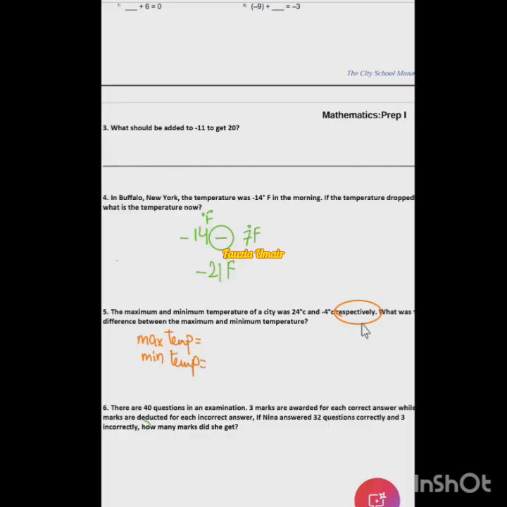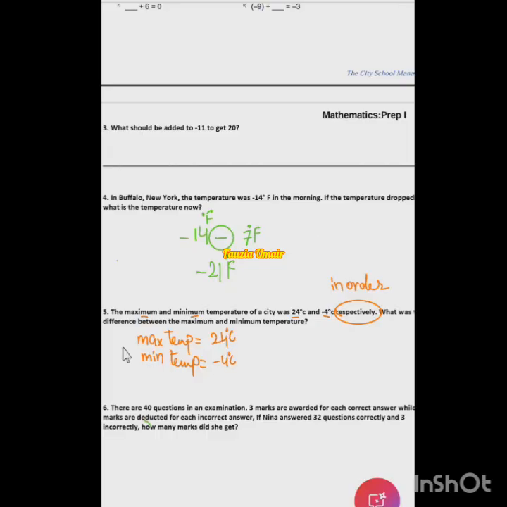No, it means in order, respectively. They are saying the maximum and minimum temperature. So the maximum temperature is 24 and the minimum temperature is minus 4, respectively, which means in order. They are talking about the maximum temperature first, so the maximum temperature is written first, right? So the maximum temperature is 24 degrees Celsius and the minimum temperature is minus 4 degrees Celsius.